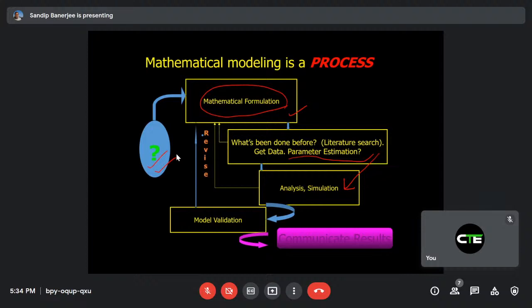Once one experiment has been performed, you try to model and mimic the results that have been seen in the experiment. If it is somewhat close, say even 60 to 70%, we consider it quite a good model, and then try to predict the result.